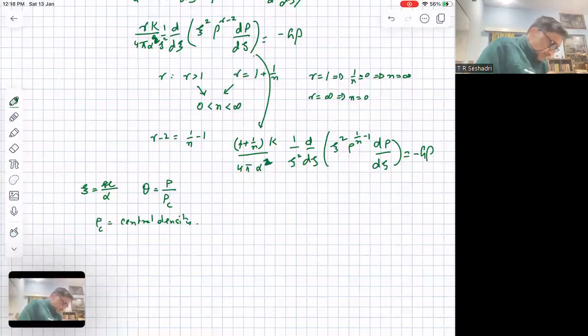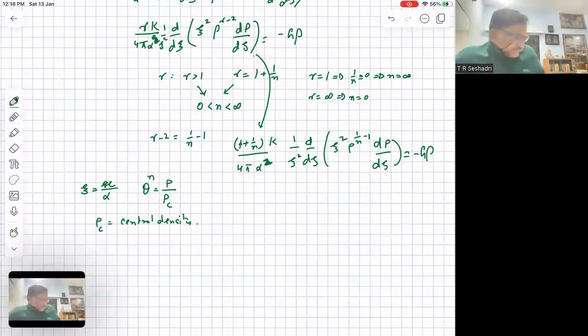I have to say this to power n is equal to rho over rho c. Yeah, this is how we define it.